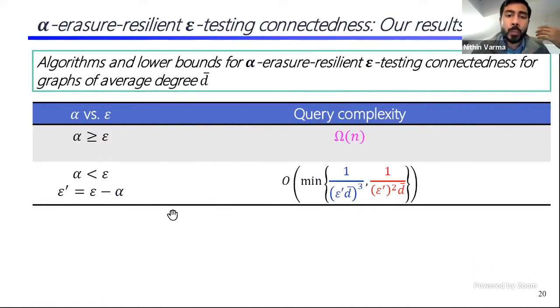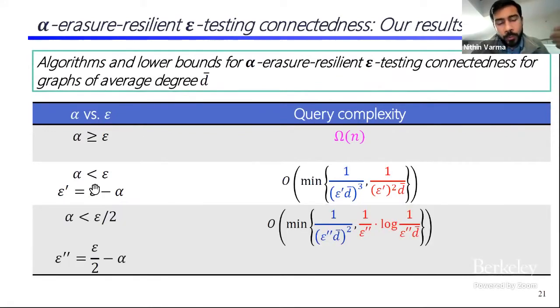On the other hand, if alpha is smaller than this threshold, then we can test connectedness using a number of queries independent of the length of the input representation. Further, if alpha is even smaller than epsilon over 2, we can further improve the query complexity.